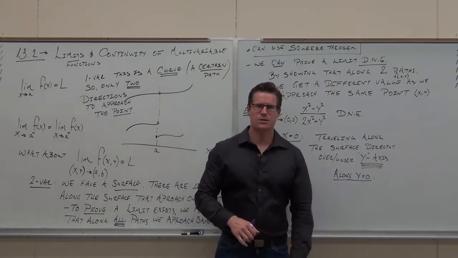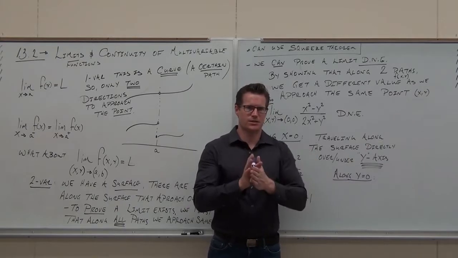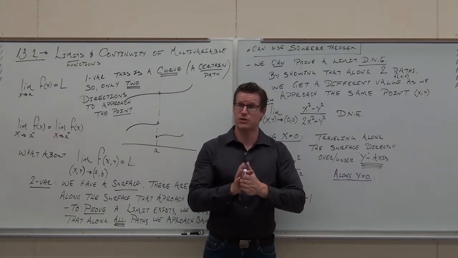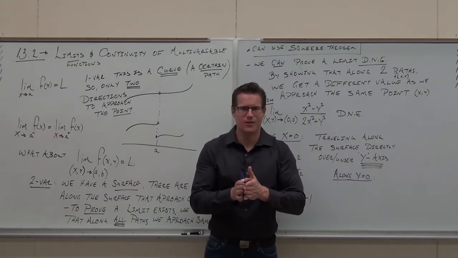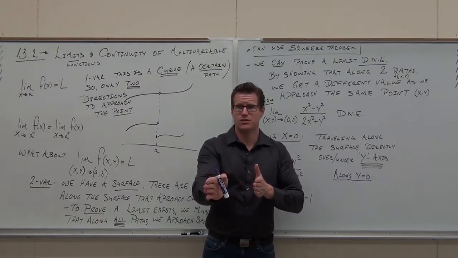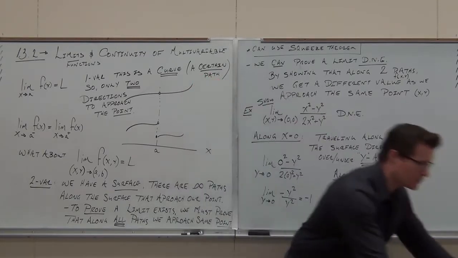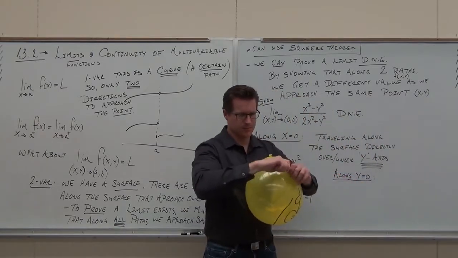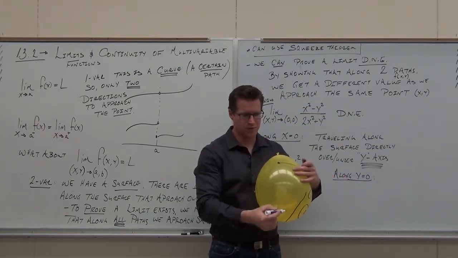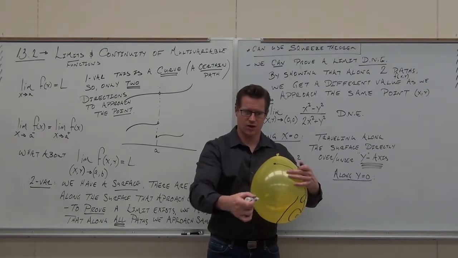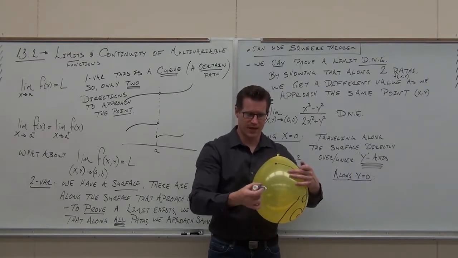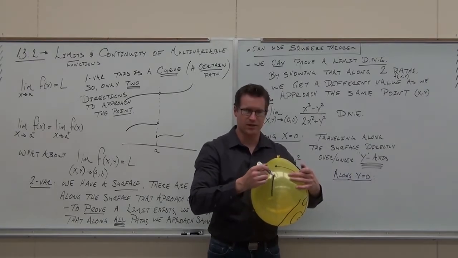Along y equals 0 shuts down the y-axis. It forces you to only travel the surface right above your only other independent variable, which is x. So this would be traveling the surface right along the x-axis. That's it. It would give you this. So if this is the y, the x would be traveling this way, so traveling on the surface, but right above the x-axis. It'd be trying to give you this idea.